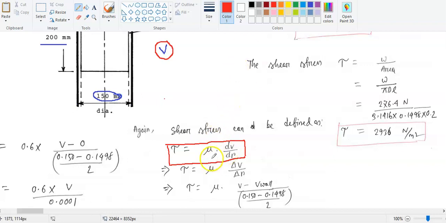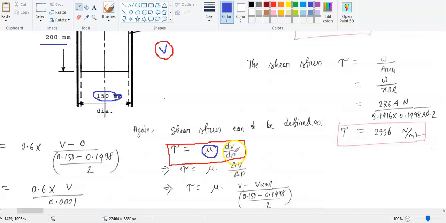So if you look at this relation, if we know the shear stress, the mu, the dynamic viscosity, and the r, then we will get the velocity. We already know the dynamic viscosity of the oil. This is a constant value.